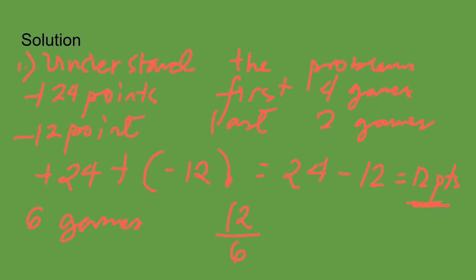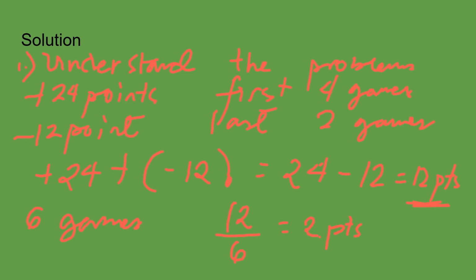So this is very easy to understand. Okay, what is now 12 divided by 6, my friends? So the answer would be what? The answer would be 2. Okay? So, if we're going to interpret this, that means that the average change in points per game is actually 2 points.